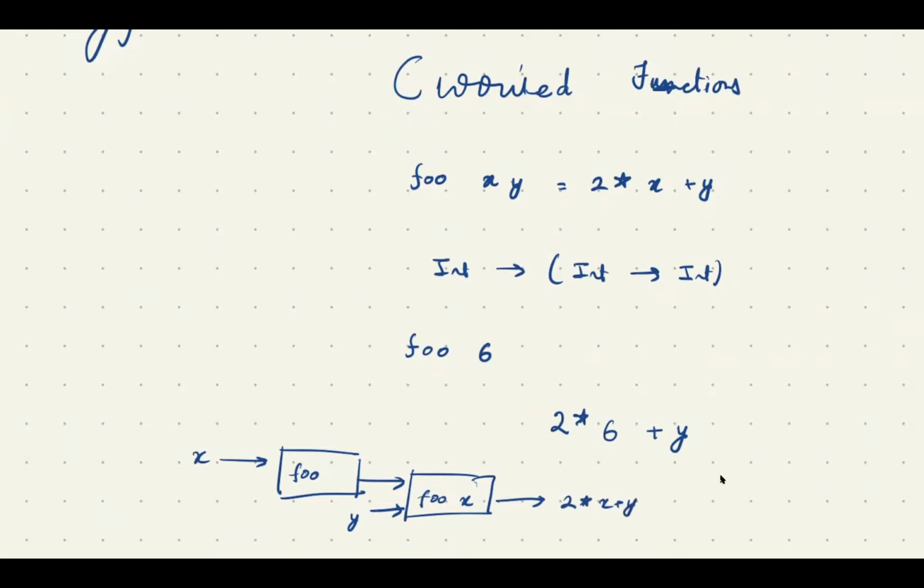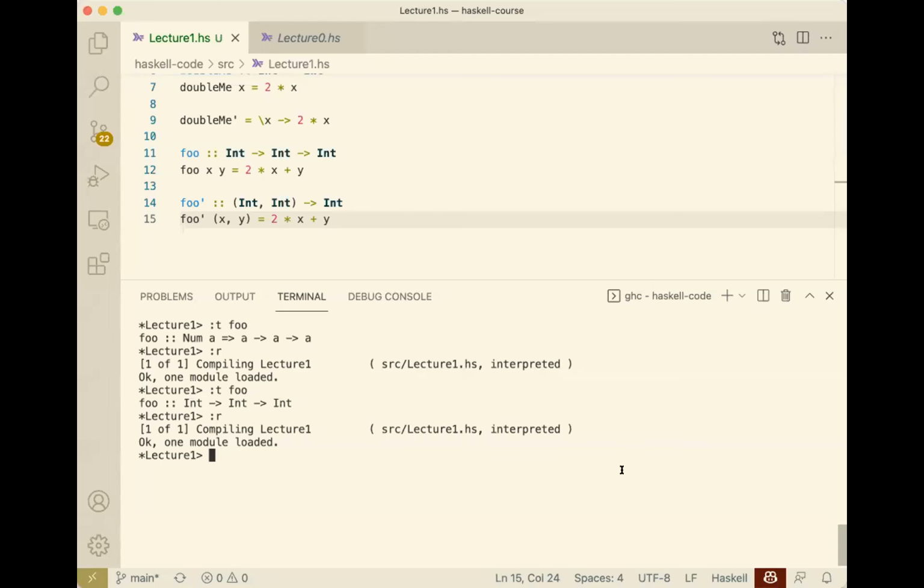So instead of thinking of a function of two arguments, we are going to think of this as a function with one argument which produces another function. In this style of thinking, notice that higher order functions are going to be everywhere, because every time we think of a function of two arguments, we think of it as a function which returns another function instead. And we can actually use this.